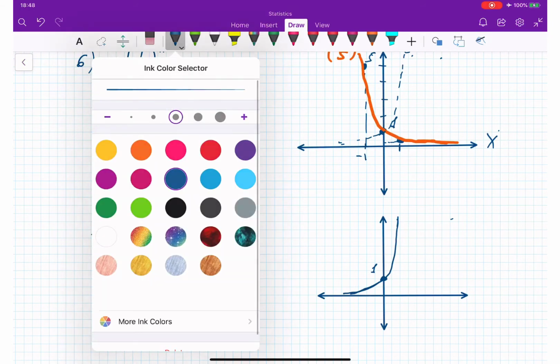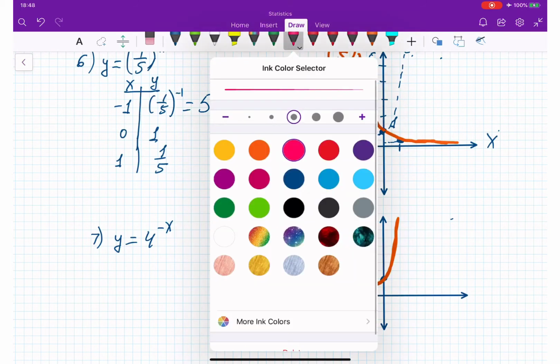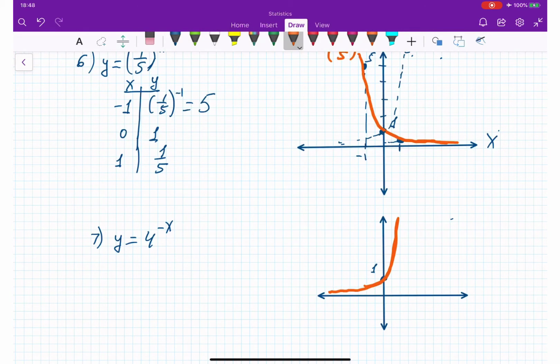Hold on. Let me use the other thick color, it's working better. Okay. And this is 4 to power x. Okay. And the 4 to power negative x, it's going to look symmetric.